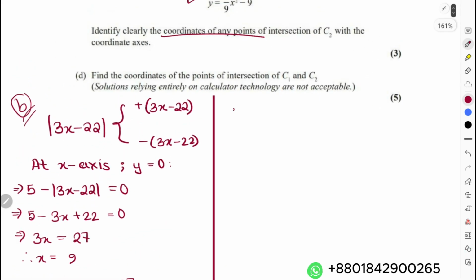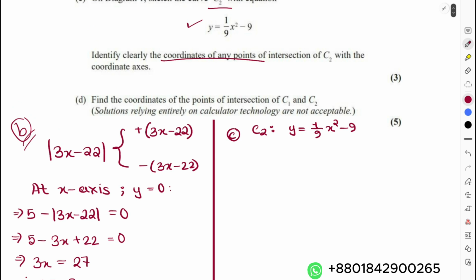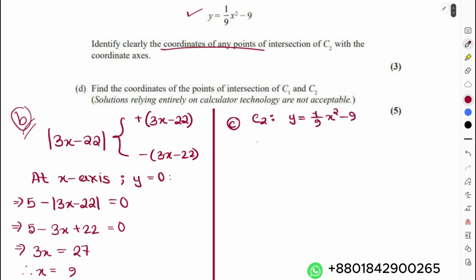So for part C, your equation was given as curve 2: y equals 1 by 9 x square minus 9. I can see that I can use the a square minus b square formula in this equation.